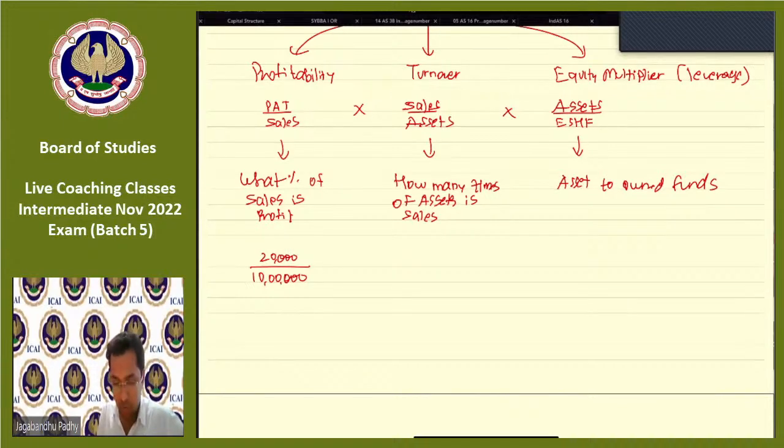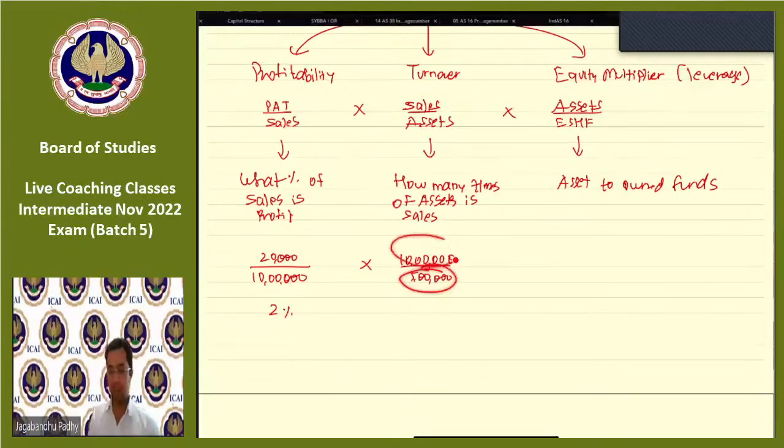So that works out to be merely 2% as our profit margin. But then, sir, sales upon the total assets: 10 lakh being the sales, and we have assets of just 5 lakh in our business. So by using 5 lakh of assets, we're able to generate 10 lakh of sales. So that is into 2, which means 4%.